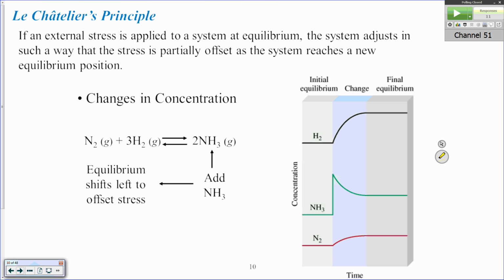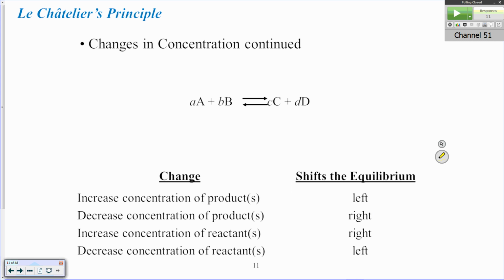I went over this example of Le Chatelier's principle in the video. I'm not going to repeat that for you. The thing that we need to be able to understand and predict is what happens with Le Chatelier's principle. You might get a relationship question like this, those up arrows, down arrows. So if you have a system that changes, how does it respond to change?